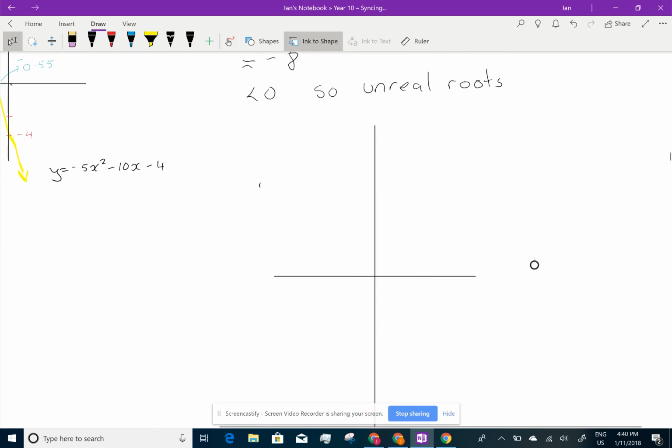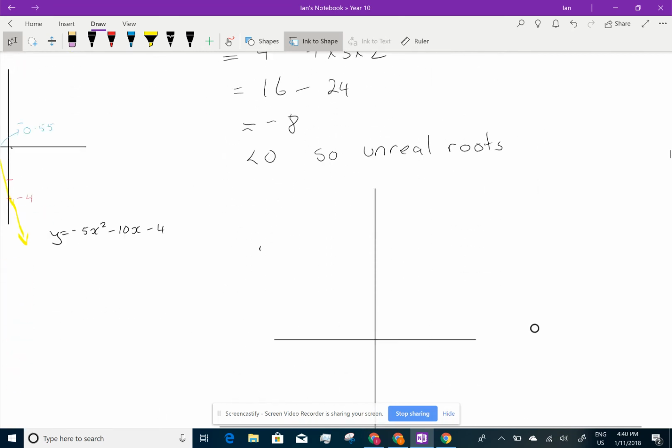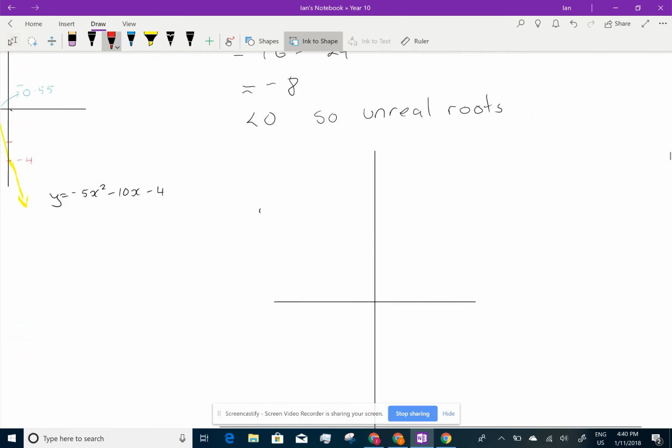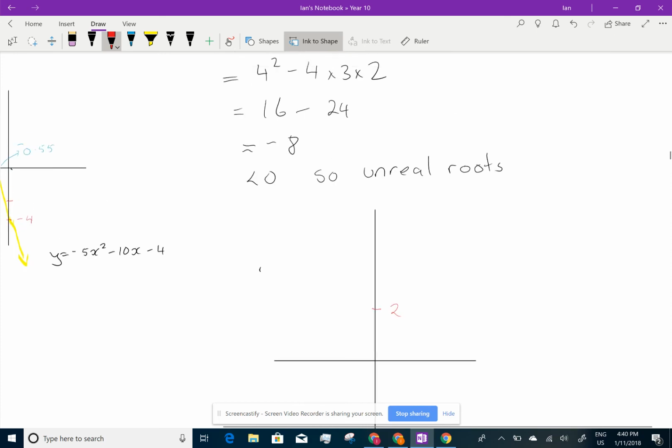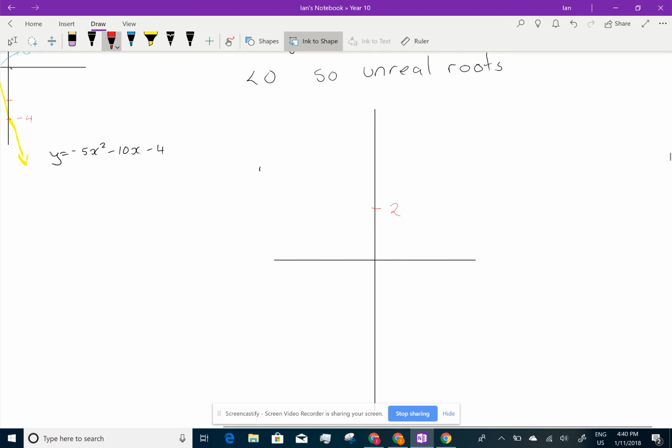So, where's the y-intercept? 2. So we'll mark that in. Where's the vertex? Minus 2/3 and 2/3. We'll put it about there. And now we sketch it.